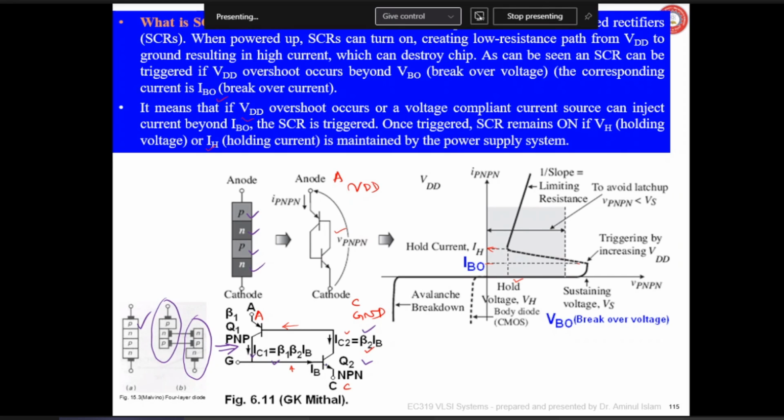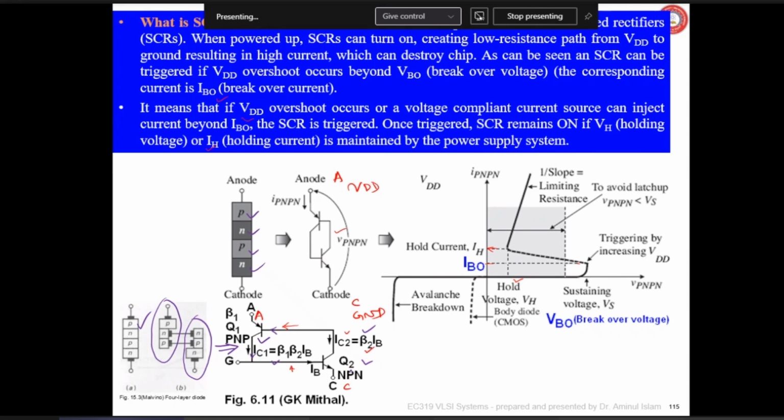So IB will be multiplied by beta 2, and you will get IC2. That IC2 is going to drive the base of the other transistor, and that IC2, which is beta 2 IB, is going to be multiplied by the beta of this one, that is beta 1. So IC1 is going to be beta 1 beta 2 IB. Then again, it is going to drive the base of the bottom transistor Q2.